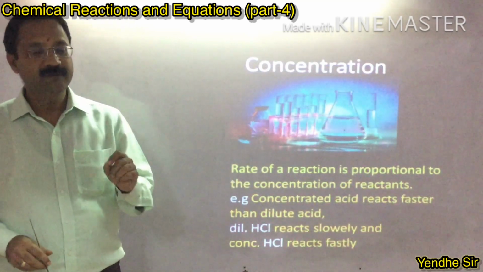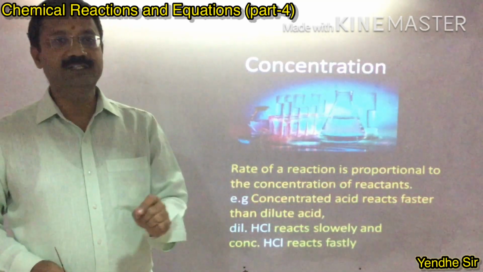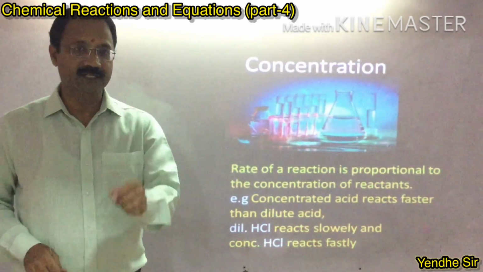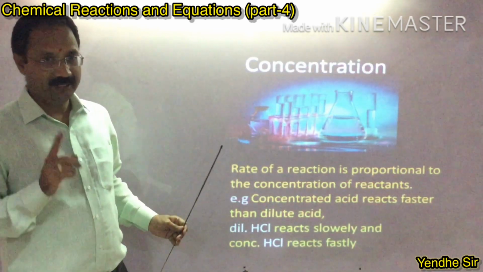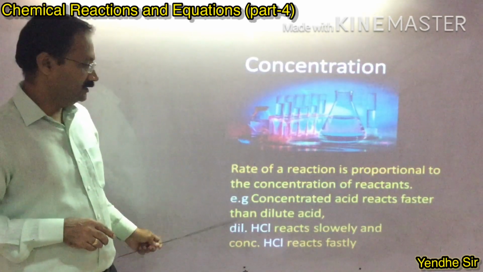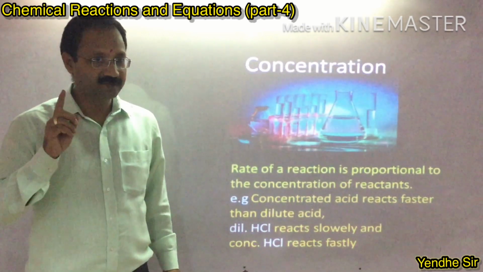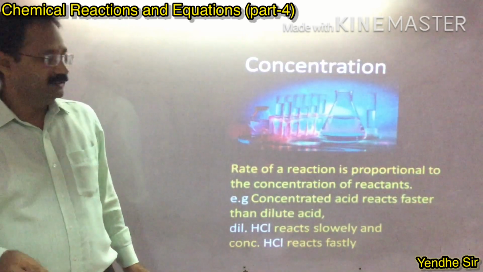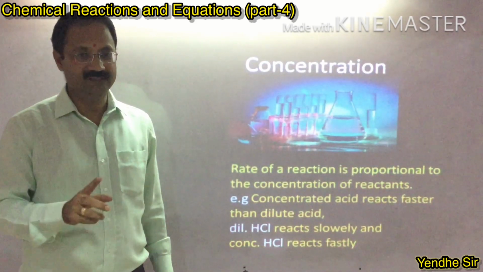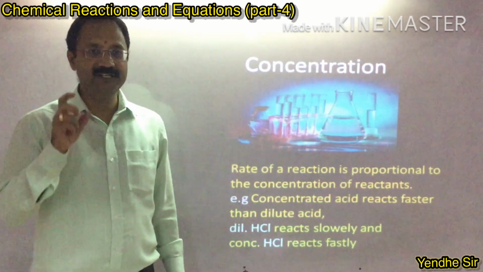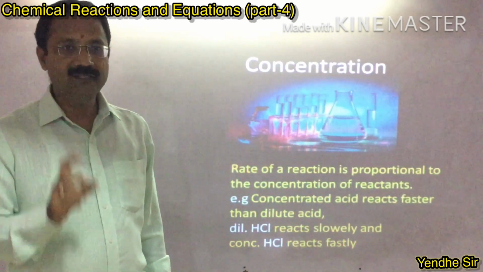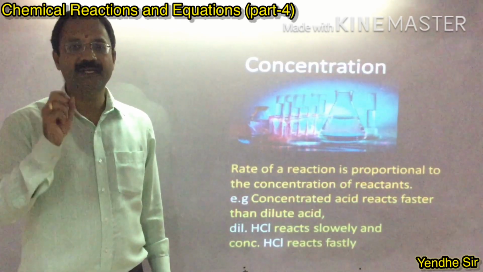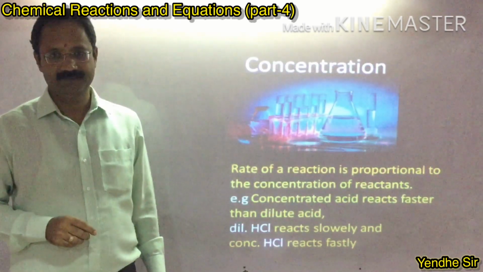But if you take the concentrated solution, then the rate of reaction is increased. Here is one example. If you take dilute HCl, it reacts slowly. But if you take concentrated HCl, then it reacts fast. It means the concentration is another point which affects the rate of chemical reaction.